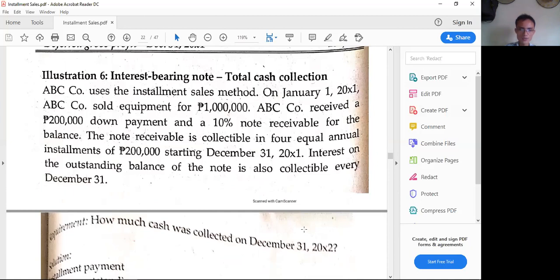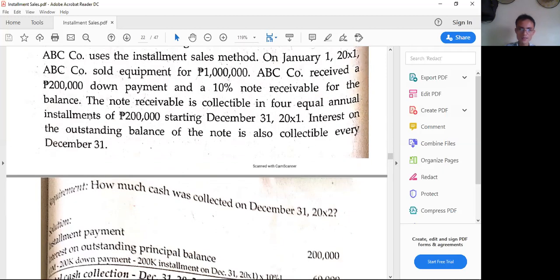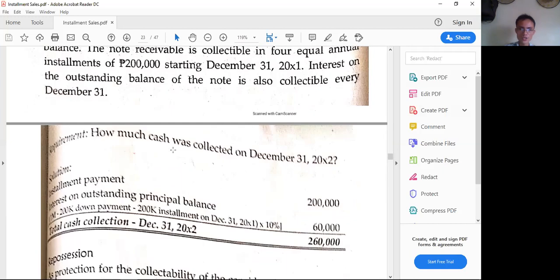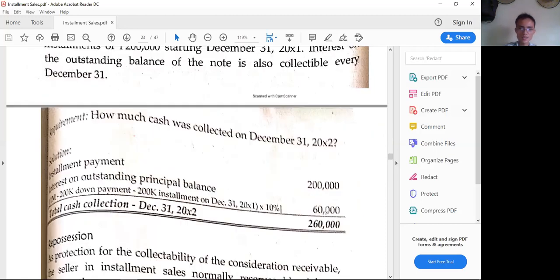Then this is 20x2. So down payment was in 20x1. And then one payment out of the four. So 800,000 divided by 4, 200,000 each year. So in 20x2, you have 200,000. And also we have to collect the interest.